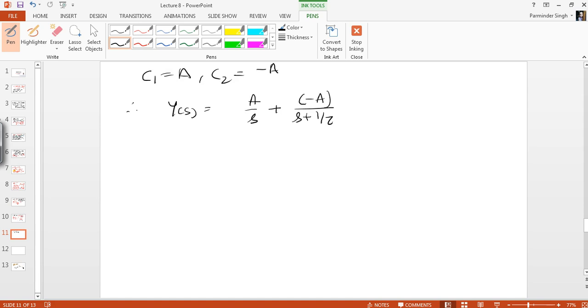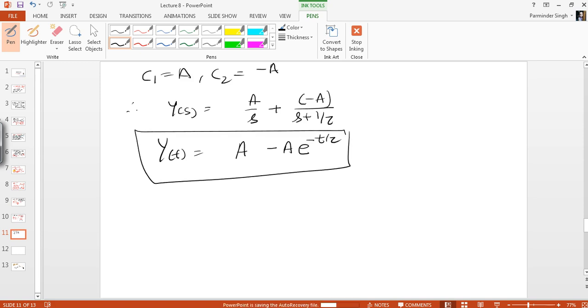Clear? Now if you take the Laplace inverse, capital Yt is nothing but A into 1, where 1 by s Laplace inverse is 1, or you can even write ut, and minus A e raised to power minus t by tau.